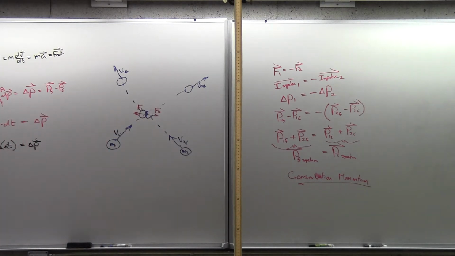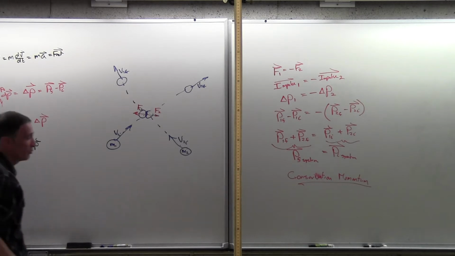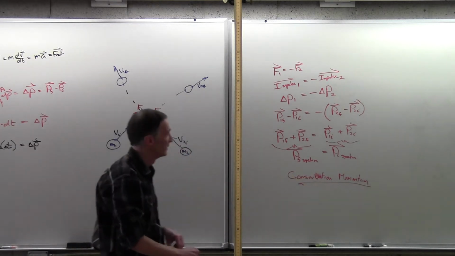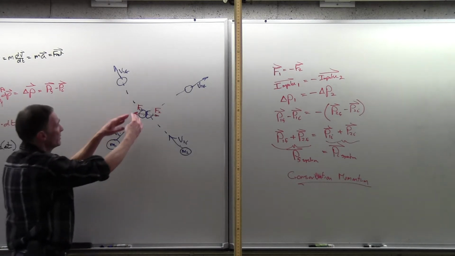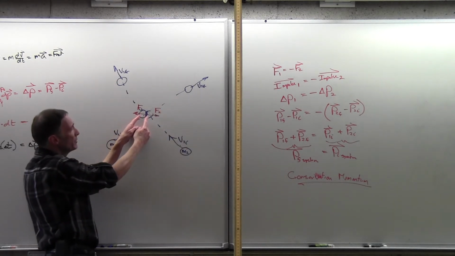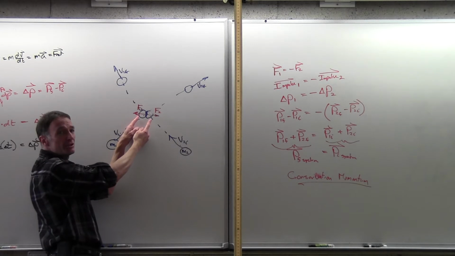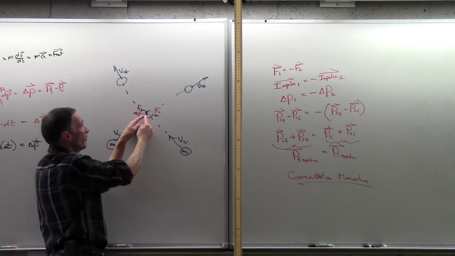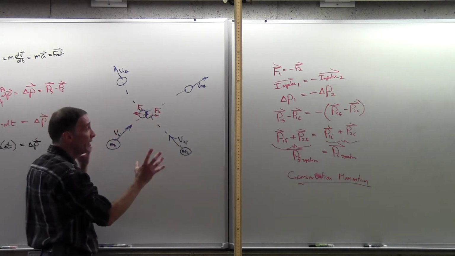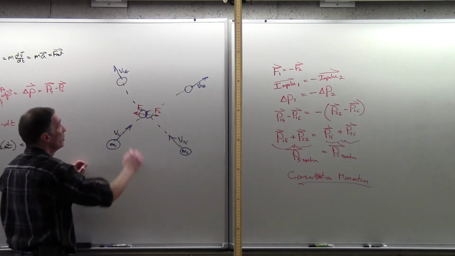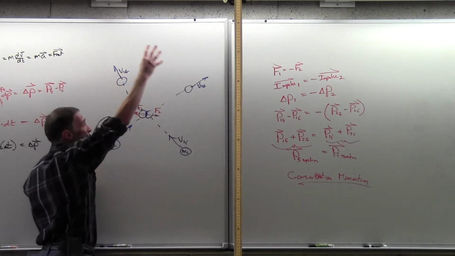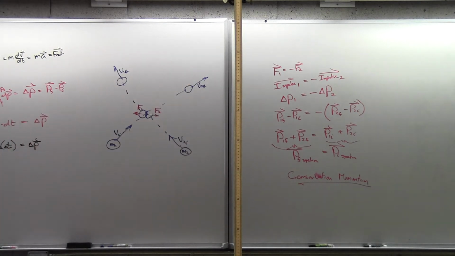Okay, so a relatively simple idea. Now the check for this, when momentum is conserved, this is going to be the acid test. When we had a collision like this, these are what we call internal forces to the system. They're acting between one another. When we do momentum conservation, we focus on the whole picture, and we look and see if any other forces are coming in from the outside.